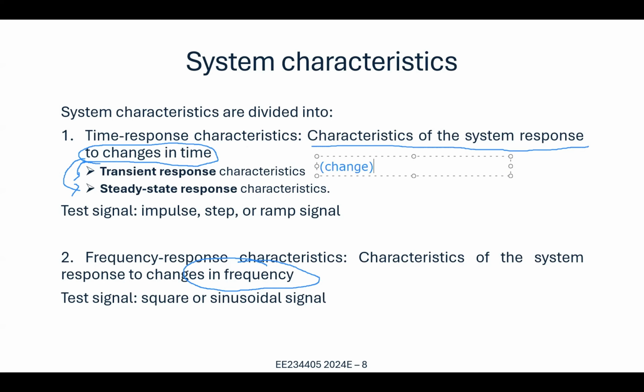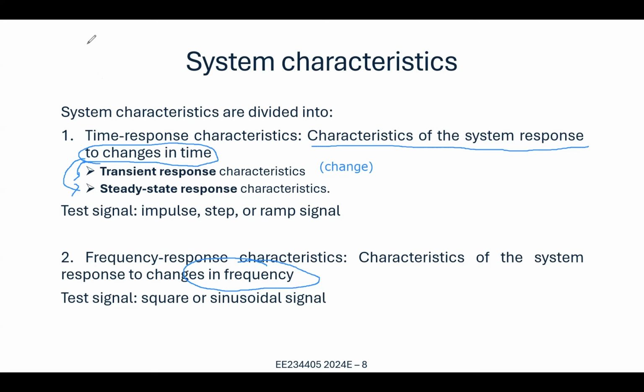In the early part of the system's work, the output may change quite drastically, right? So this is related to the stability of the system, or what the transfer function of the system is, and so on.